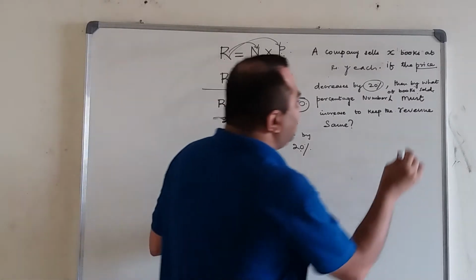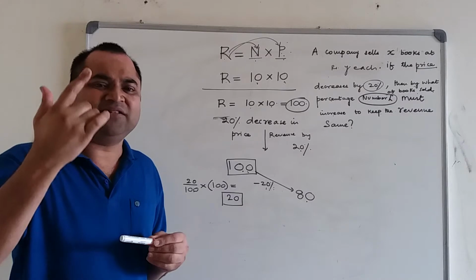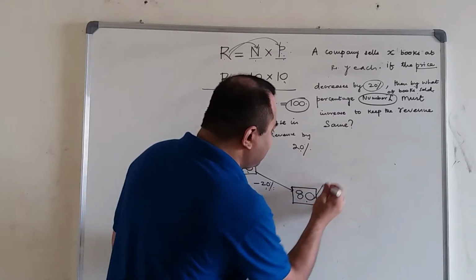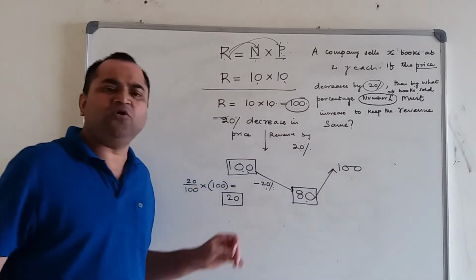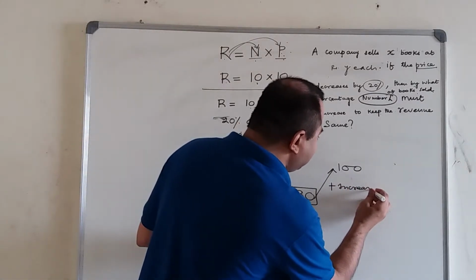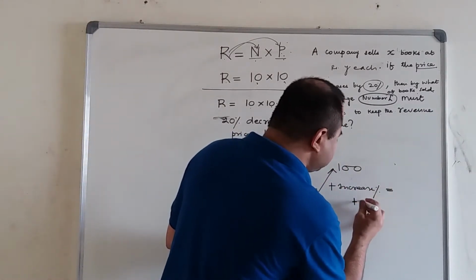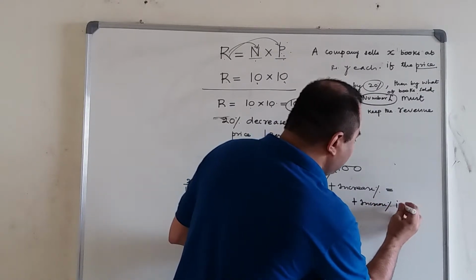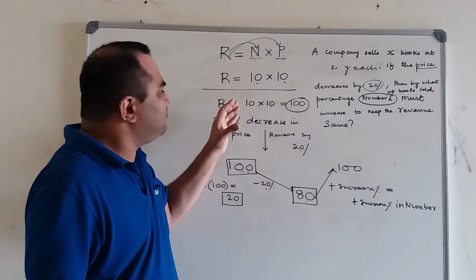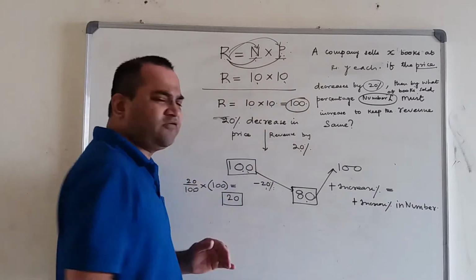Now the question wants, by what percentage must the number of books sold increase to get back the original revenue? In other words, this decreased revenue 80 must rise back to the initial revenue 100. So what percentage increase must be seen, and that percentage increase in revenue would be the same as the percentage increase in the number of objects. As I told you, revenue or income by selling books depends directly on both number and price of each book.